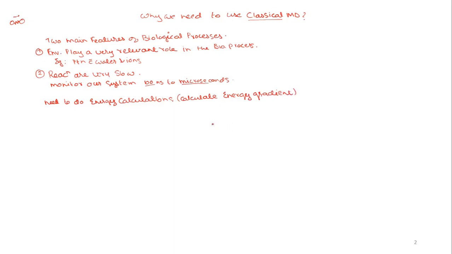Okay, so what we need to do for these microseconds or even 100 nanoseconds is that we need to do a lot of energy calculation, or in short we need to calculate the energy gradient all along our simulation, for example many millions of times.